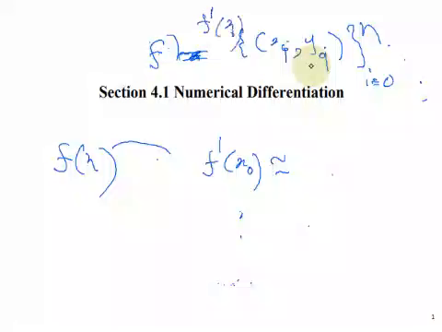So how do you find an approximate value to this? You know that if you have a discrete data set, then you can interpolate using many methods: Lagrange, Newton's divided difference, forward difference or backward difference method.